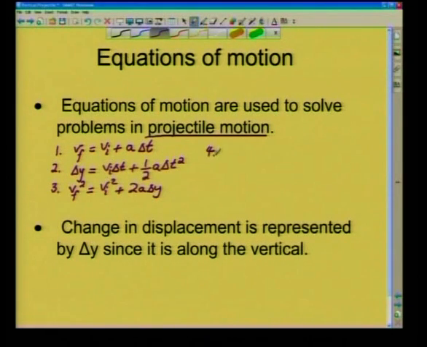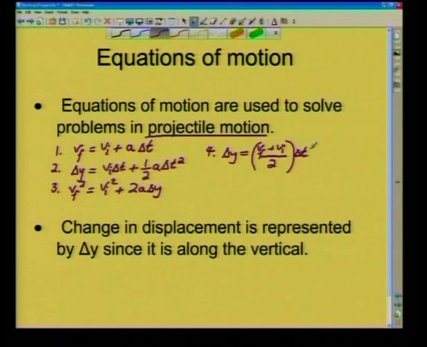The fourth one, which is not as usually used but very important, is this one. Delta y is equal to, in brackets, V final plus V initial divided by 2, which is the average velocity, times delta t, change in time.